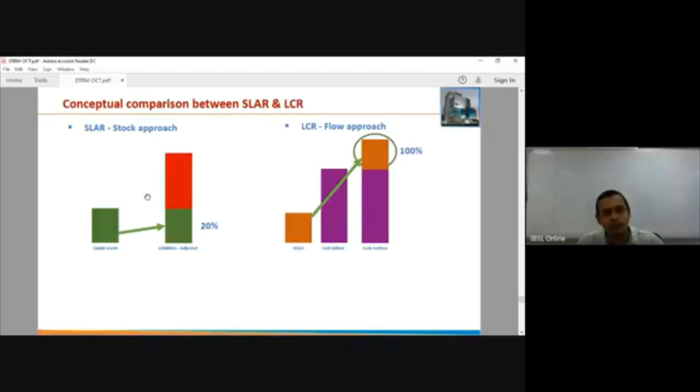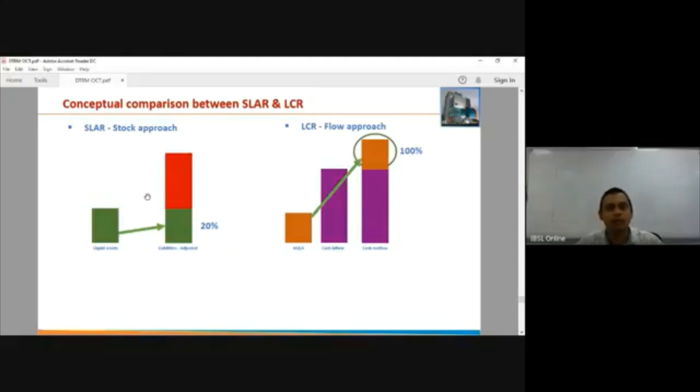The problem with the stock approach is that you can say, today I have 20 million liquid assets with me, 20 million treasury bills or 20 million cash. But one depositor may hold more than 20 million, right? So the stock does not adequately manage your liquidity position. It's just an indication, not the real-time flow.